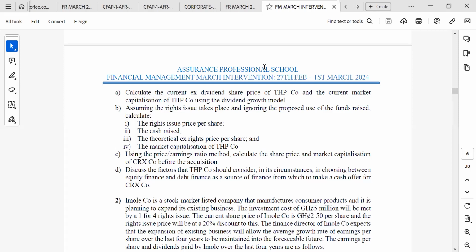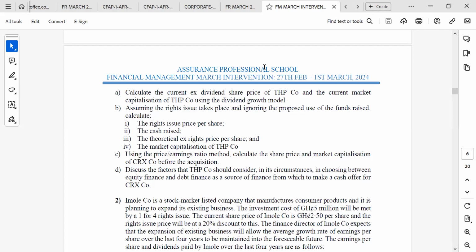Required: A. Calculate the theoretical ex-rights price per share prior to investing in the proposed business expansion. B. Using the information provided, calculate the share price of the company prior to and following the proposed business expansion using the following valuation methods: net asset method, price earning ratio, dividend growth model, earnings yield method.